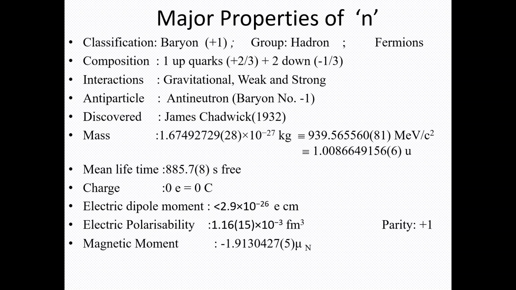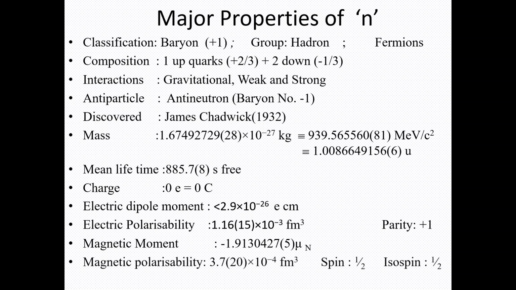Magnetic moment is equal to minus 1.9 nuclear magnetic moment. Magnetic polarizability is equal to 3.7 into 10 raised to the power minus 4 femtometer cube. The spin of the neutron is equal to 1/2, and isospin of the neutron is equal to 1/2, or you can also call that half.